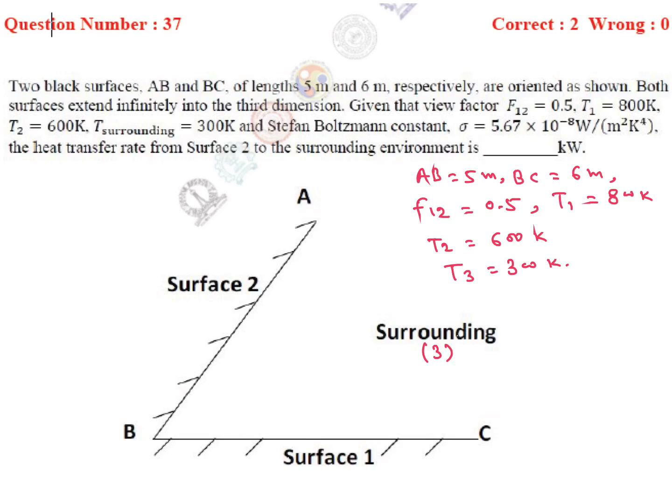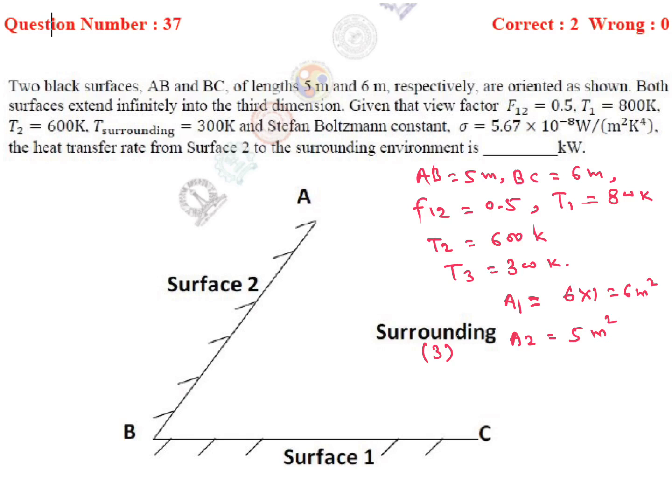Stefan Boltzmann constant is given. So A1, take width as 1 meter, unit width. Surface 1, A1, area of BC equals 6 into 1, 6 meter square, and A2, area of AB is 5 into 1, 5 meter square.